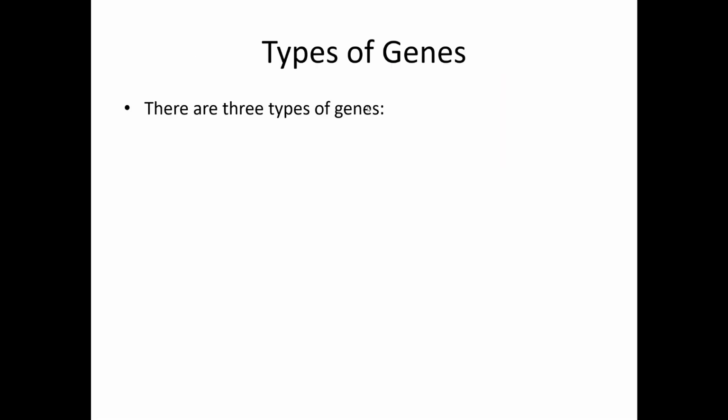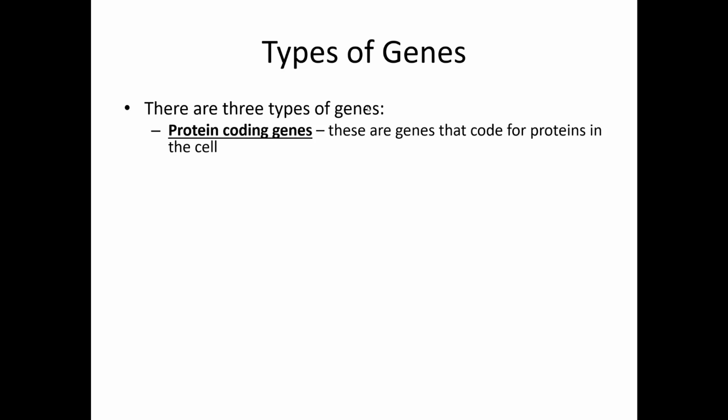Going a little bit further about genes, ultimately genes fall into three categories. One of the most fundamental, and the one often discussed the most, is called protein coding genes. These are also known as structural genes.